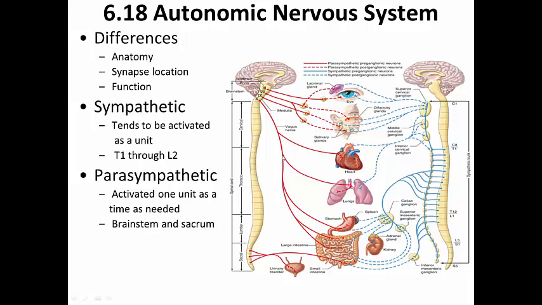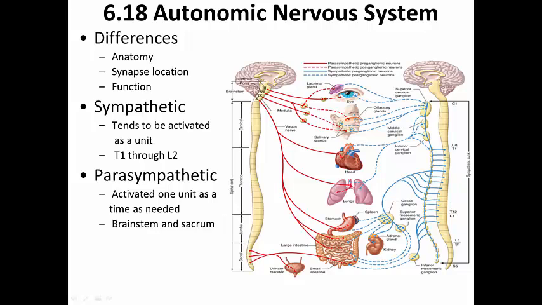Take a look at that. So you'll notice in each case here that the postganglionic nerve in the parasympathetic nervous system is very short compared to the preganglionic neuron. And this is always characteristic of the parasympathetic division.